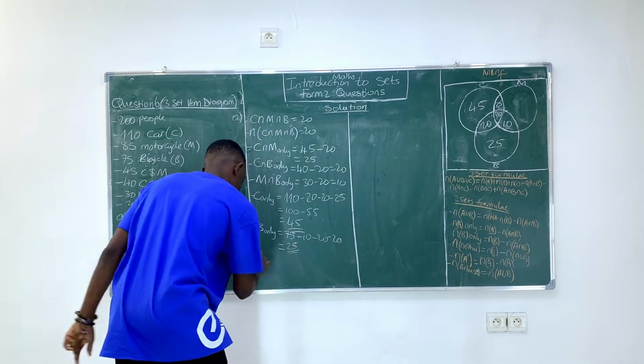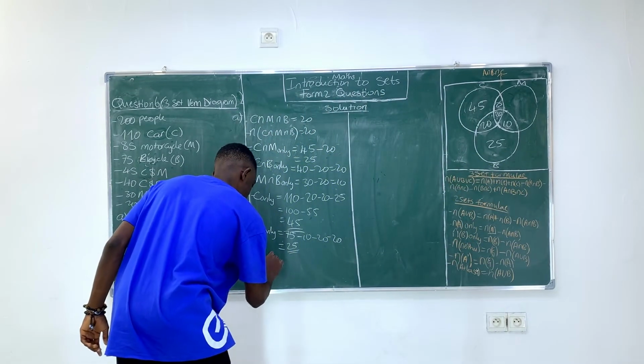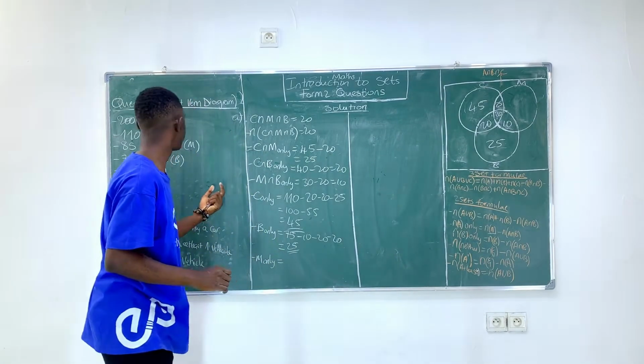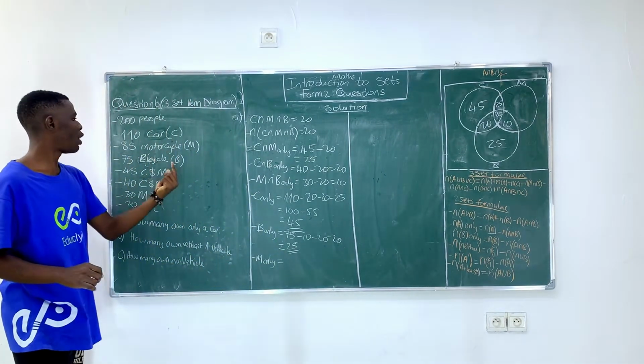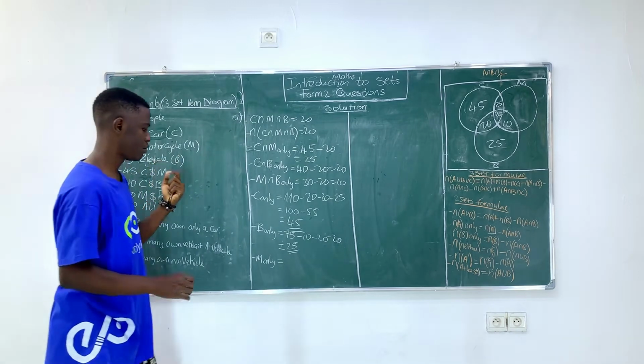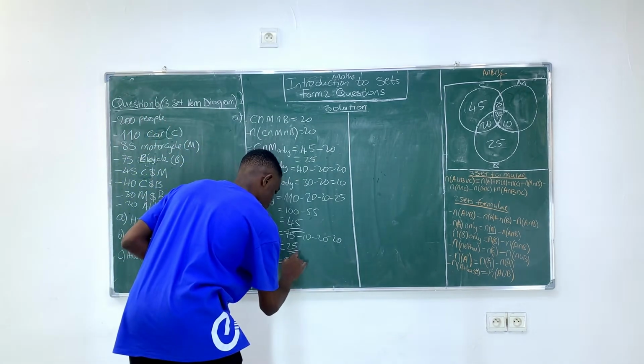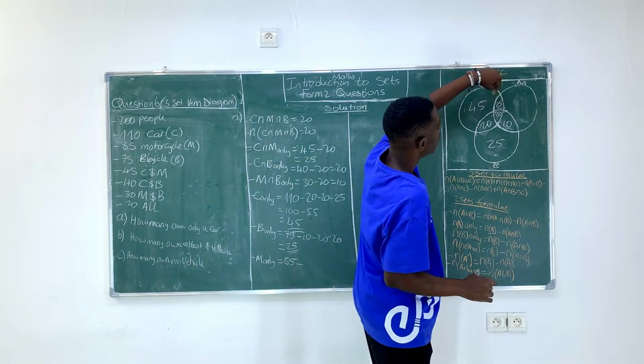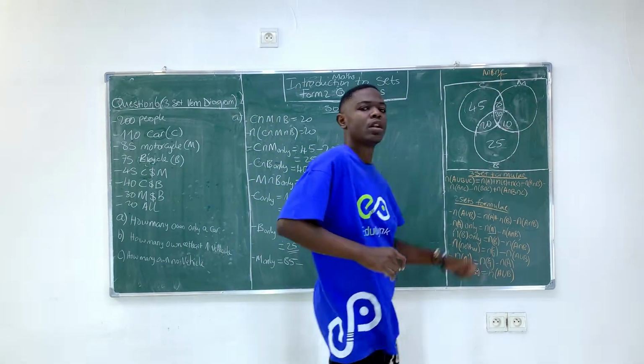So what is M only? M only is equal to the total number of M, 85, minus every other intersection inside M, which is 25, 20, and 10.